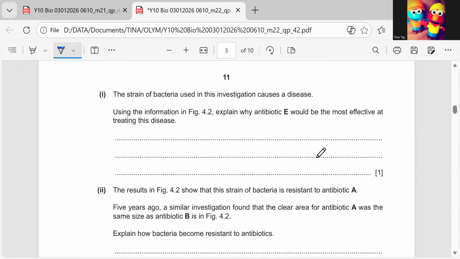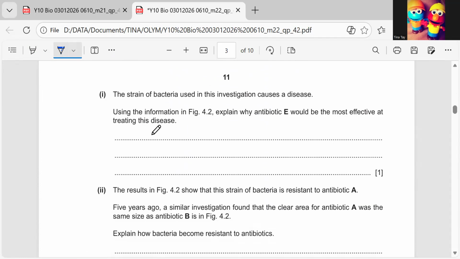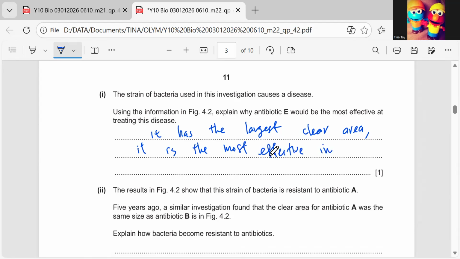Using antibiotic E would be the most effective because it has the largest clear area. It is the most effective in killing the bacteria.